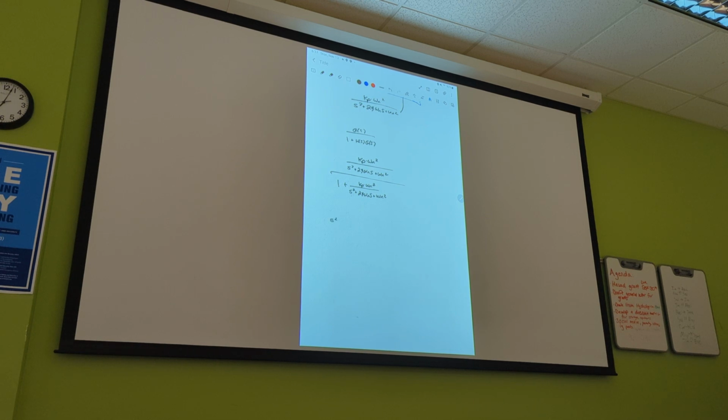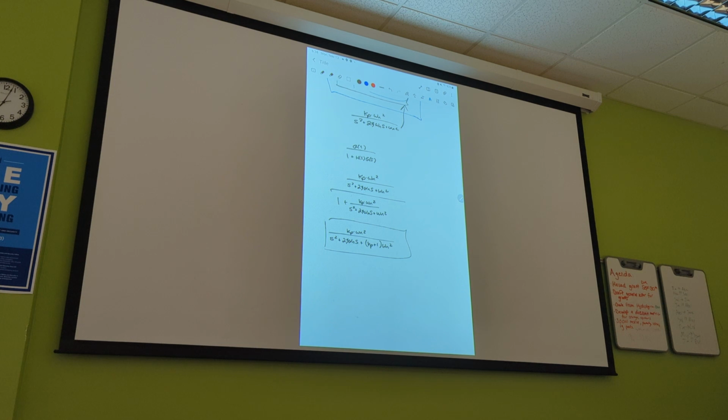We're going to get s squared plus 2 zeta omega n s plus omega n squared plus kp times omega n squared, so that's going to reduce to kp plus 1 times omega n squared, and then in the top we'll have kp omega n squared. So this is the closed loop transfer function here.